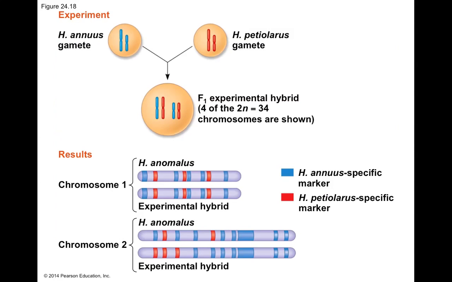But what has been found is that there is a lot of mixing between the DNA of these two parents in the progeny. So even though they have the same number of chromosomes, we see evidence that there's been a lot of crossing over occurring between the gametes in the two parents.